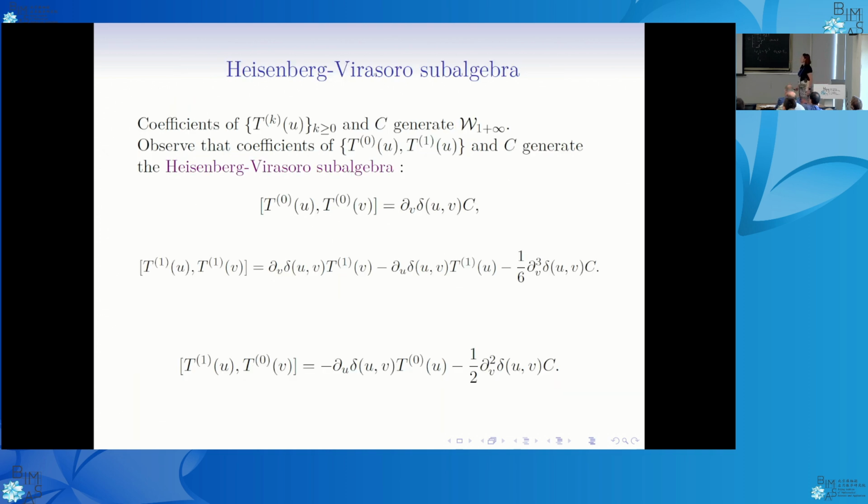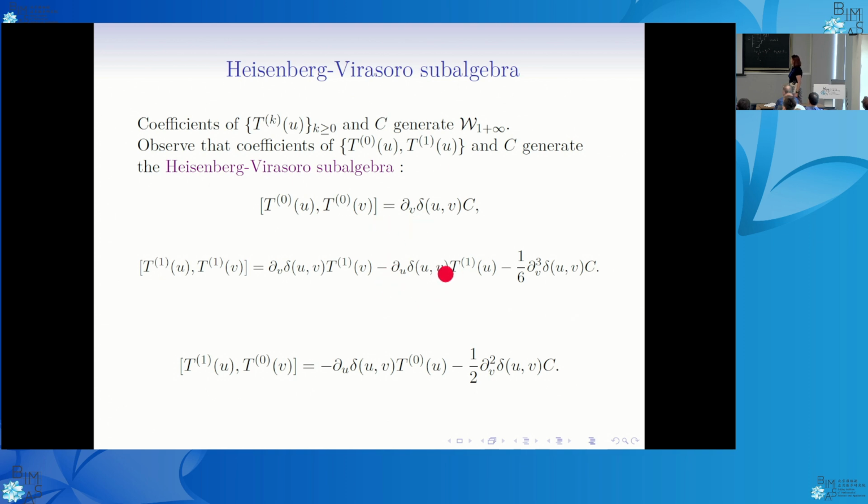And just a little bit more advertisement of this language. Also, the commutation relations which we wrote down immediately tell us that inside of W1 plus infinity, we have a copy of the Heisenberg-Virasoro subalgebra. Because if we look at commutation relations of T_k(u) for k equals 0, we immediately see that this is the commutation relations of the Heisenberg algebra.